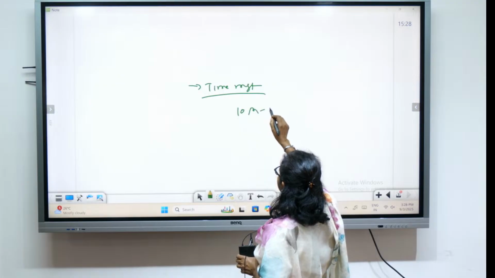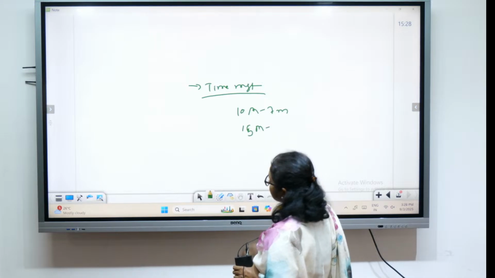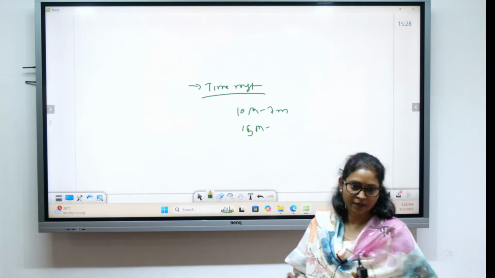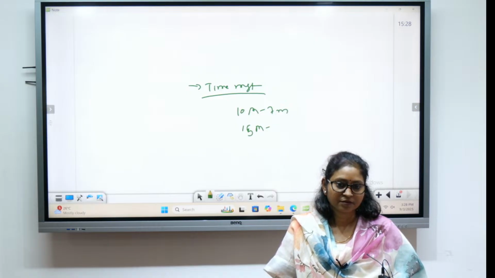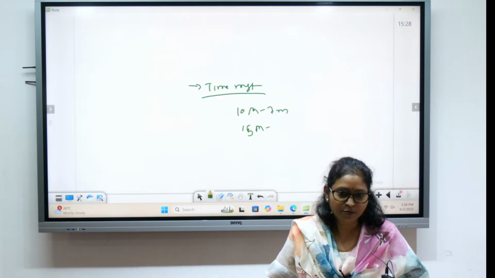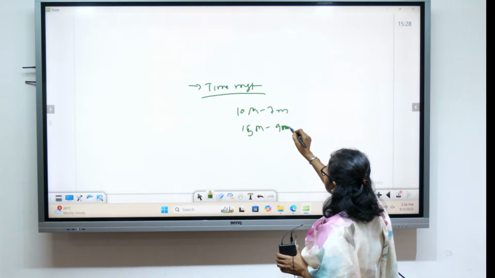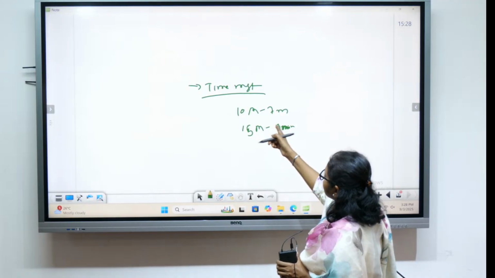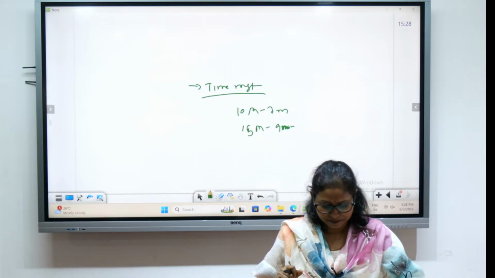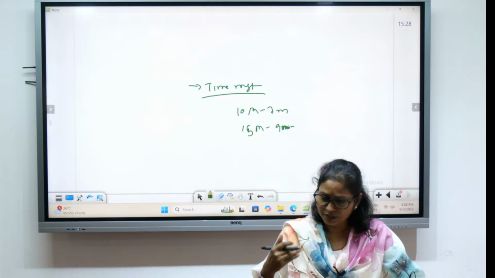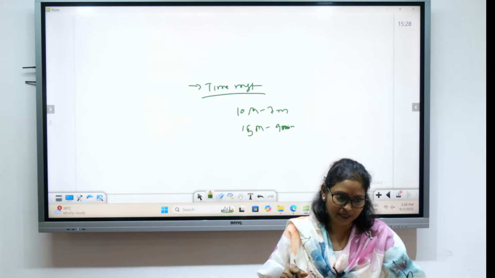For 15 markers, have you calculated? 10 minutes or 9 minutes? 8.5, or say 9 minutes, okay? So you have to reduce a little here and there. Some questions, especially initially, you will take a little more time, because warming up will be there, right?